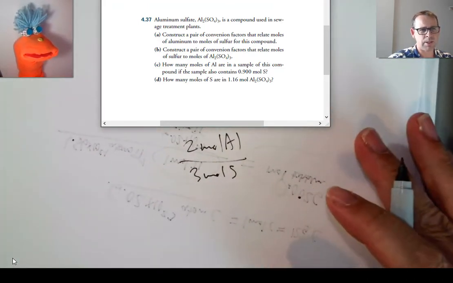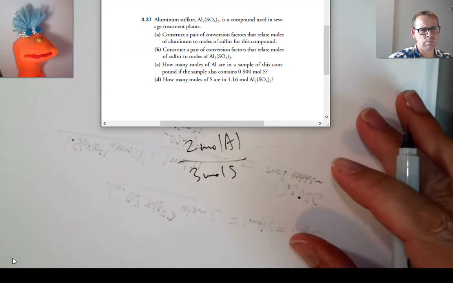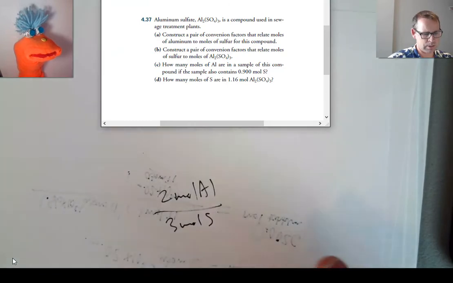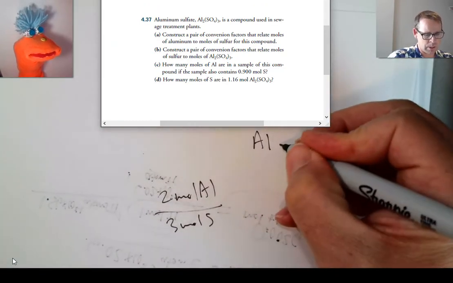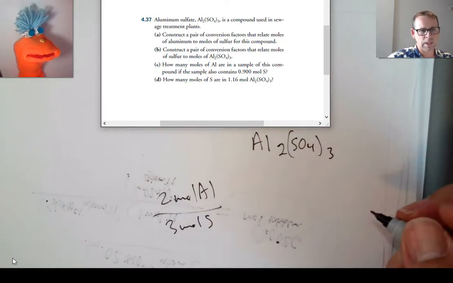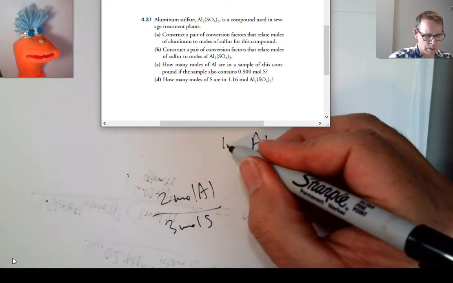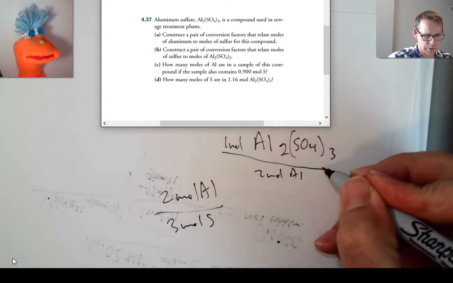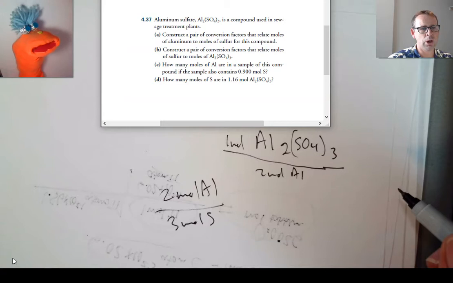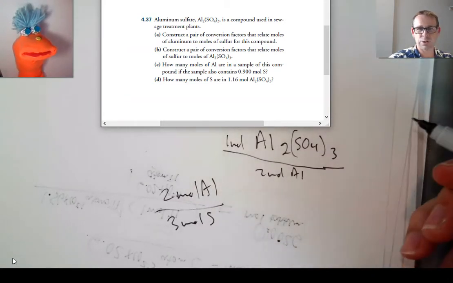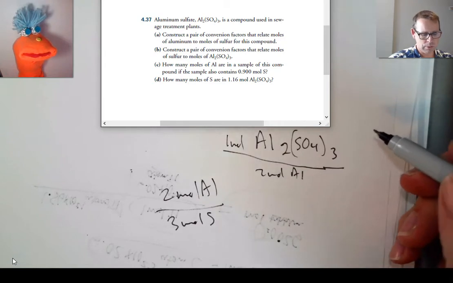Now, do you understand how he did that? I think so. Why don't you tell me to make sure? Okay. So what we have here is a chemical, Al2(SO4)3, and for every 1 mole of this stuff, there's 2 moles of aluminum. Do you see that? Yeah, I see that. 2 aluminums in there. And for every 1 mole of this stuff, there's also how many moles of sulfur?